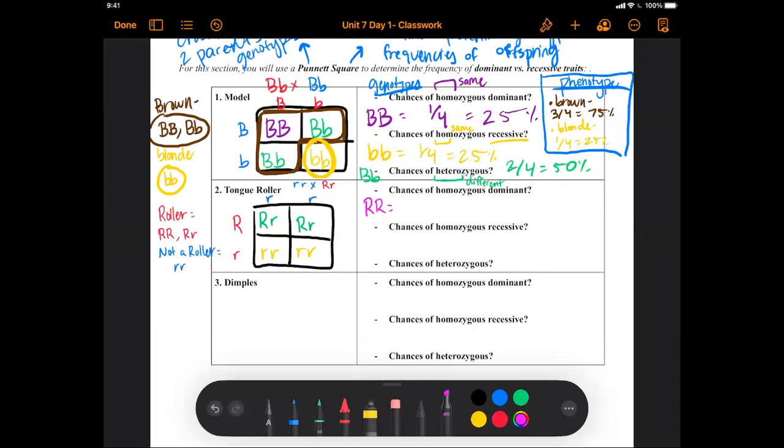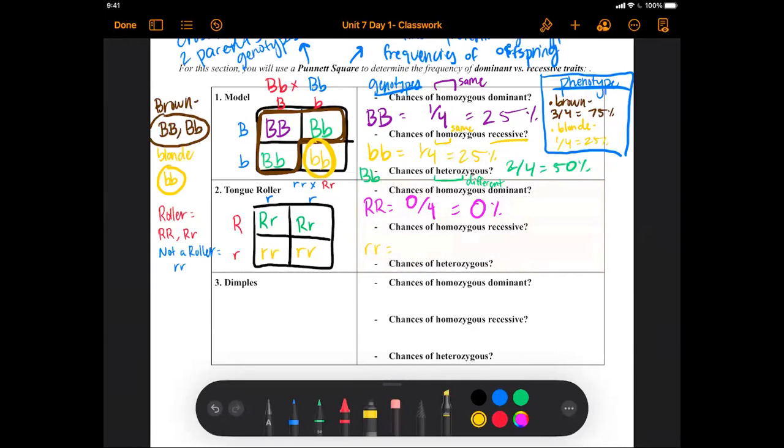What are the chances of these offspring inheriting the homozygous dominant trait? Isn't it 0? It is 0, right? And why'd you get 0? None of the boxes in the Punnett square have 2 capital R's, 2 big R's. Perfect, you're exactly right.